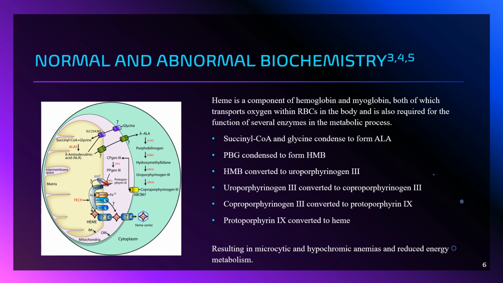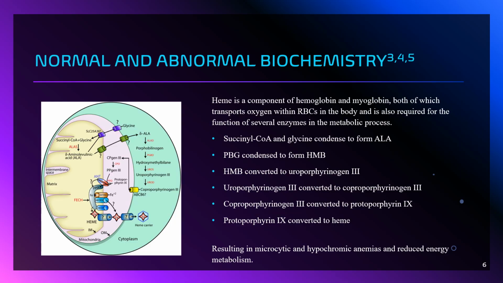Formation of the linear tetrapyrrole, also known as HMB, from four PBG molecules. Cyclization of the linear tetrapyrrole to produce uroporphyrinogen 3, then decarboxylation of the uroporphyrinogen 3 to form coproporphyrinogen 3.